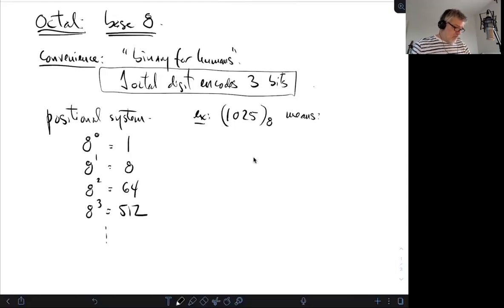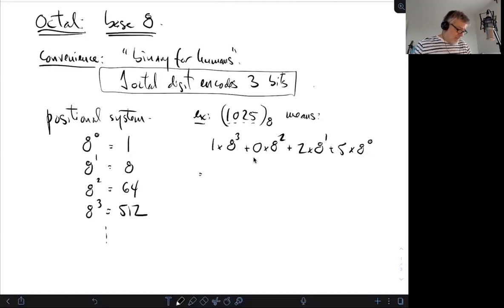So this is 1 times 8 to the power, so 0, 1, 2, 3, 8 power 3, plus 0 times 8 power 2, plus 2 times 8 power 1, plus 5 times 8 power 0, right? So rather than base 2 or base 10, it's base 8, so it's exactly the same principle. So if you want it in decimal, this is how you expand it.